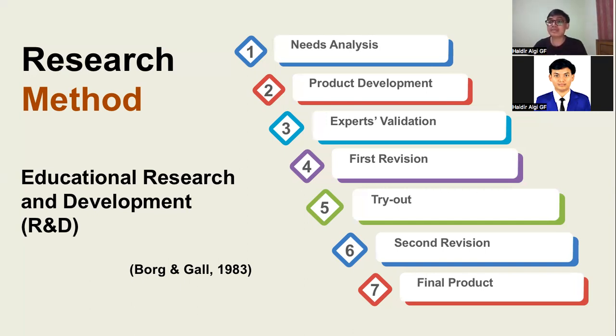It doesn't need to be a real implementation. The result can be implemented or not, whether or not it is effective or efficient in the classroom. It doesn't necessarily need to be implemented for a certain amount of time, sir. So I think that's the difference. 10 stages is more complex and more detailed, for master's or PhD students, perhaps, sir. That's what I think.